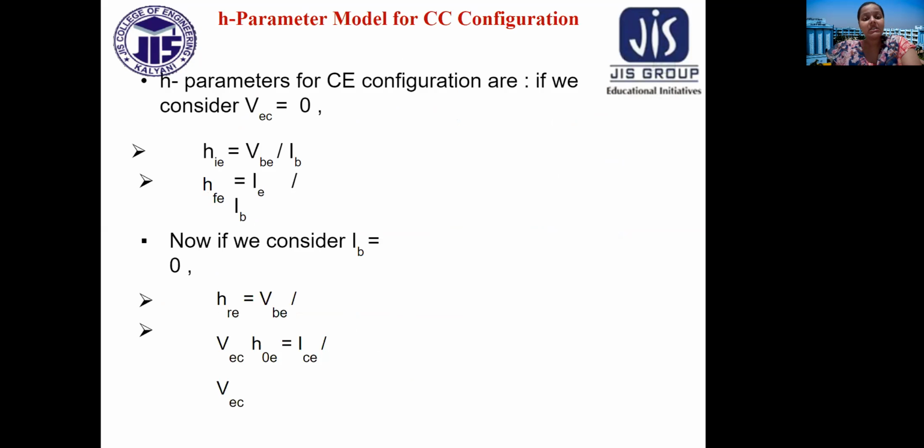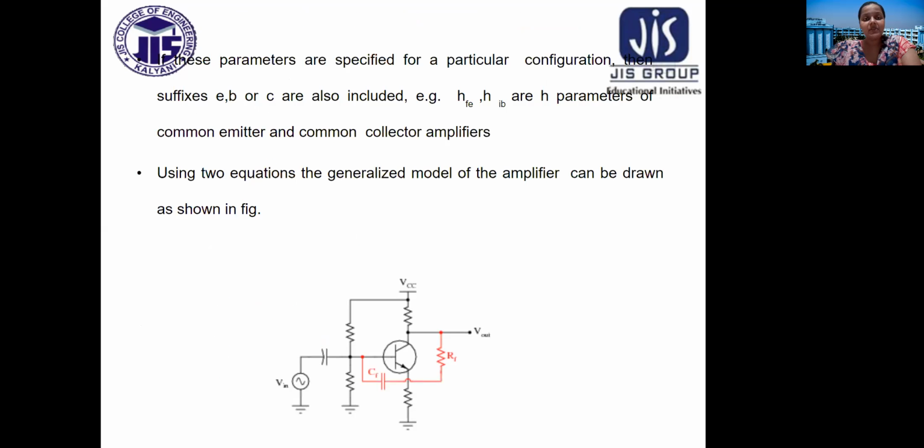Now if we consider IB equal to 0, we can write HRE equal to VBE by VEC, and HOE equal to IE by VEC. If these parameters are specified for a particular configuration, then the suffixes E, B, C are also included.